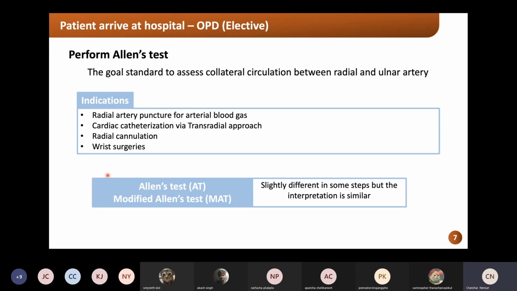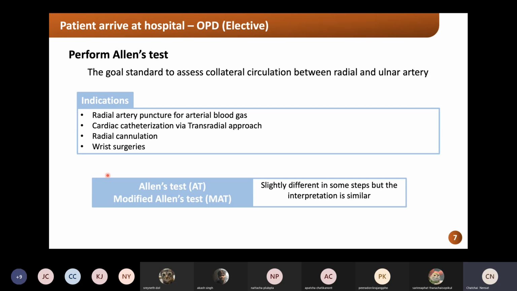In some cases in the cath lab, especially CAD that needs a CAG or angiogram or PCI, the approach site would be the wrist, where we insert the sheath, guide wire or catheter through the radial artery.